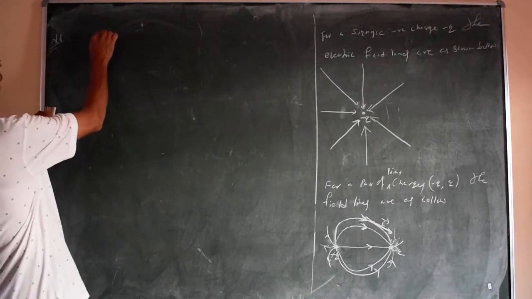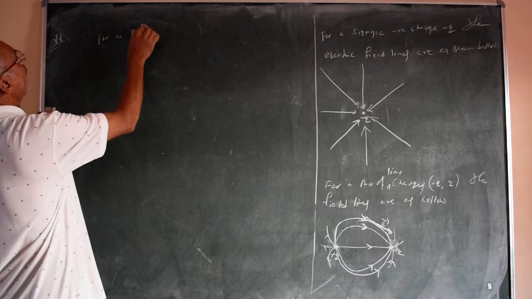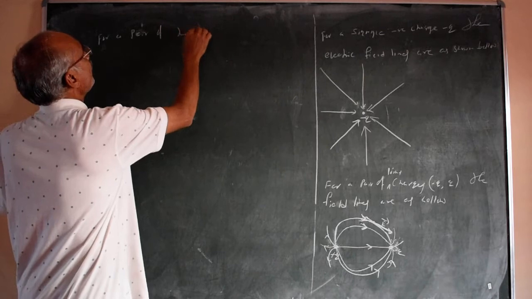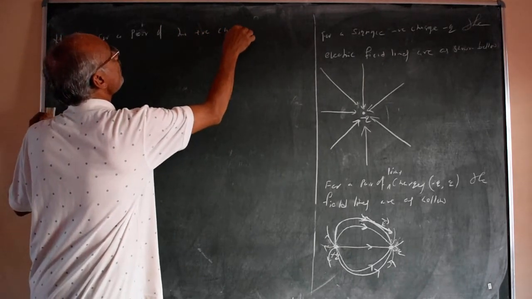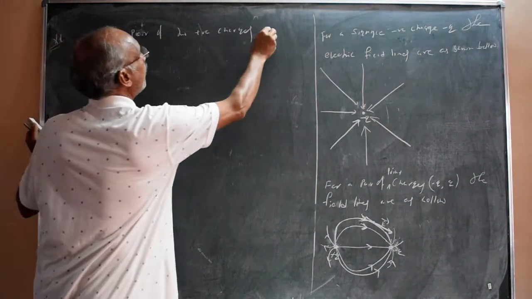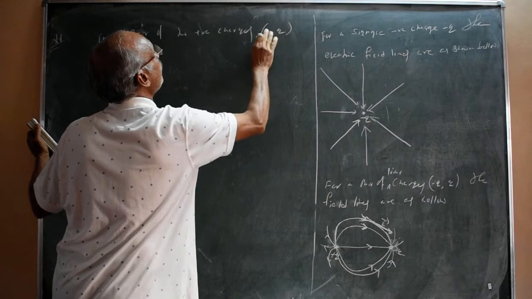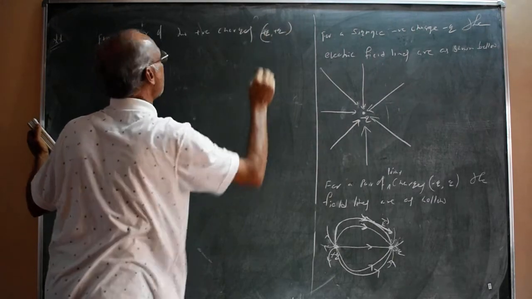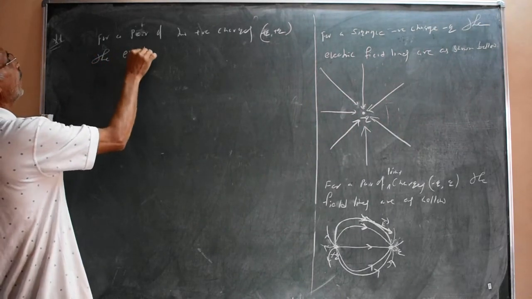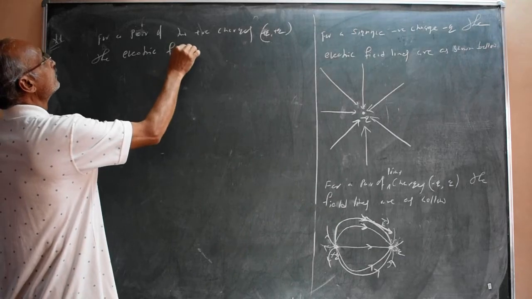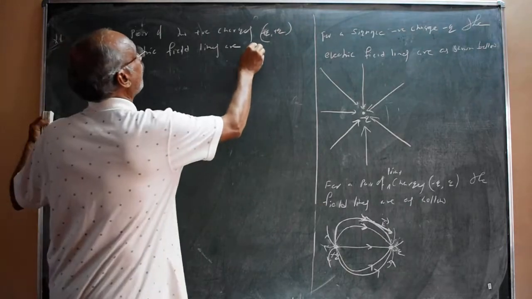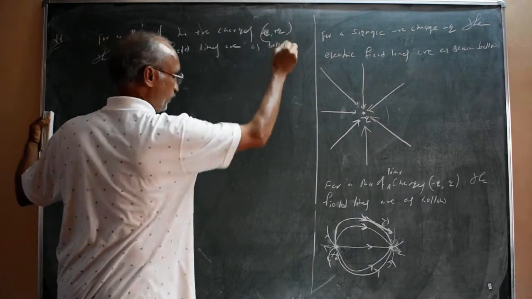For a pair of two positive charges, plus q and plus q, the electric field lines are as below.